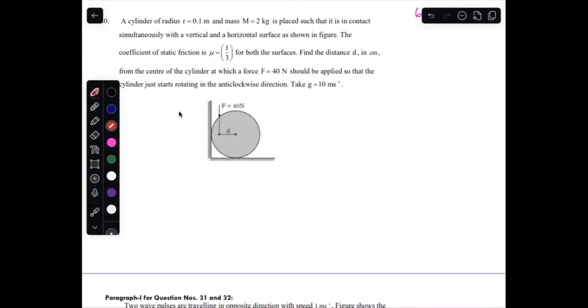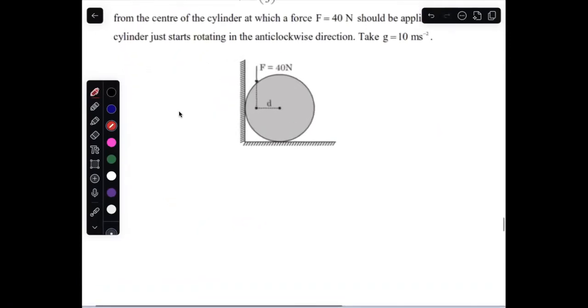The problem here is the contact surfaces have friction. Suppose this is the tendency of rotation. At this point, the friction direction is like this; I am assuming this as mu N2 and this is N2.